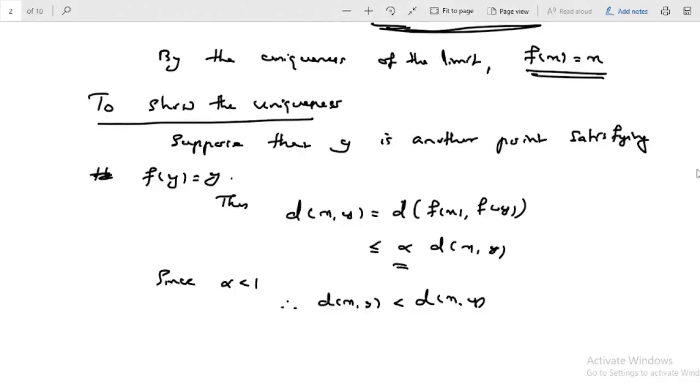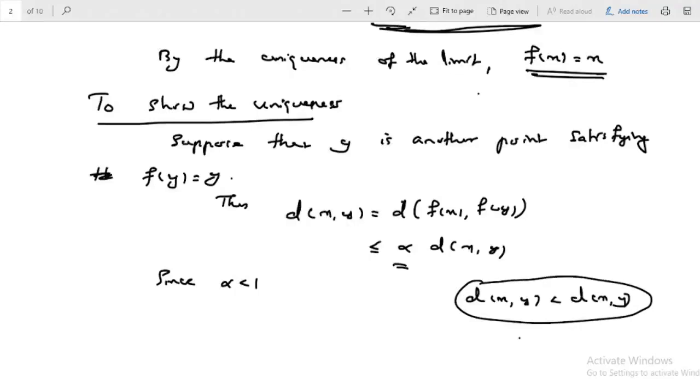Okay. Since alpha is less than 1, therefore d of x,y less than or equal to alpha into d of x,y implies d of x,y is strictly less than alpha less than 1 ആവുമ്പോൾ d of x,y less than d of x,y നെ നമുക്ക് കിട്ടുള്ളൂ. It is not possible കാരണം d of x,y is a real number. ഒരൊറ്റ choice ഏ ഉള്ളൂ, alpha less than 1 ആയതുകൊണ്ട് 0 less than alpha less than 1 ആണ്, alpha 0 ആവുകയില്ല.